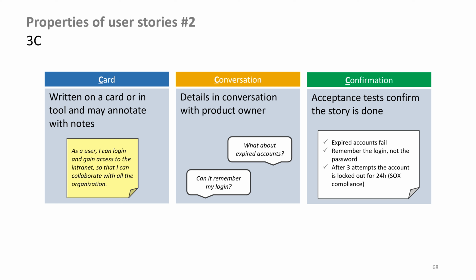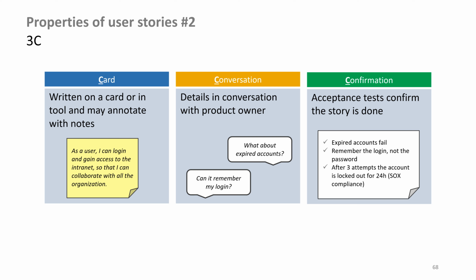These 3 C's pictured here are what we do when we think about a solution together. 3C stands for card, conversation, confirmation. The product owner comes to the team with a user story on a card. There is no solution yet.